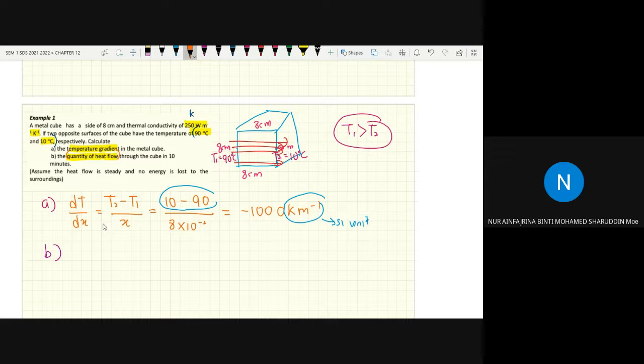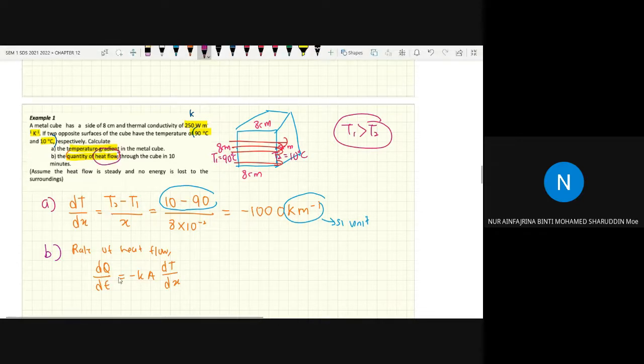Okay, tak apa. Miss tulis dulu formula rate of heat flow. So formula rate of heat flow adalah dQ/dt equals to negative KA dT over dx. Sekarang dia cuma minta heat flow.